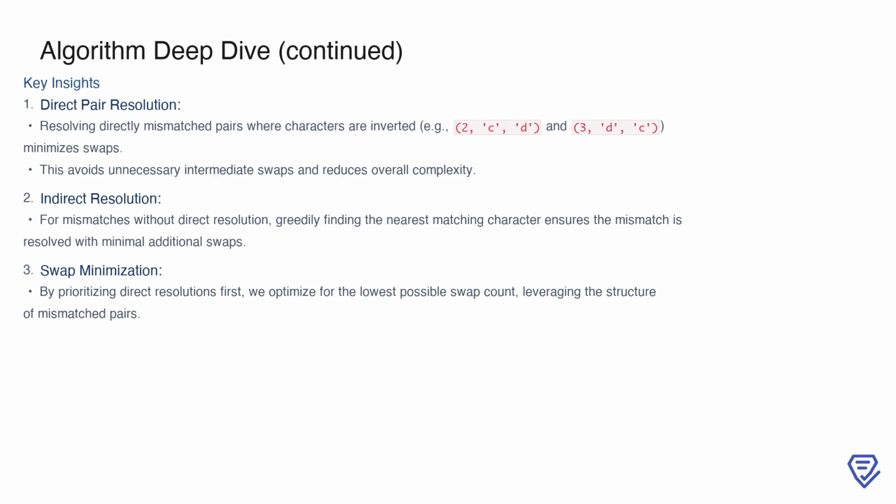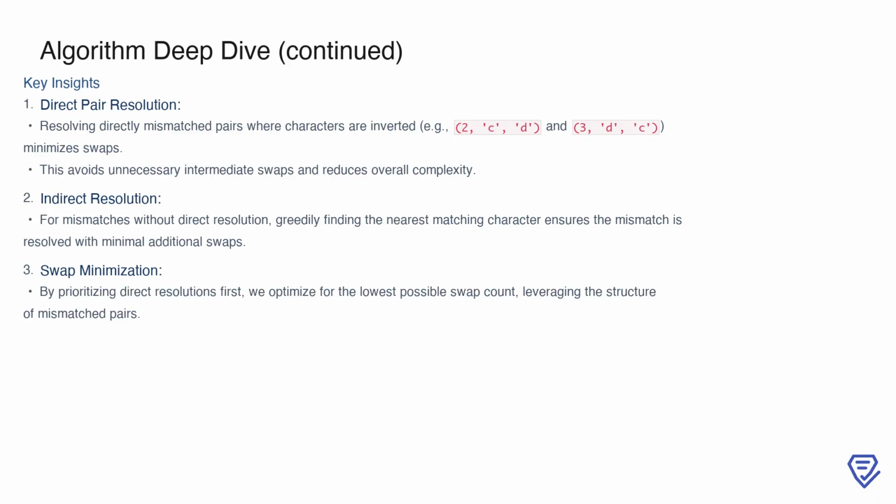Now, let's delve deeper into the key insights that make this algorithm efficient. First, direct pair resolution is crucial for minimizing the number of swaps. By resolving mismatched pairs where characters are inverted, such as (2, C, D) and (3, D, C), we avoid unnecessary intermediate swaps and significantly reduce complexity.